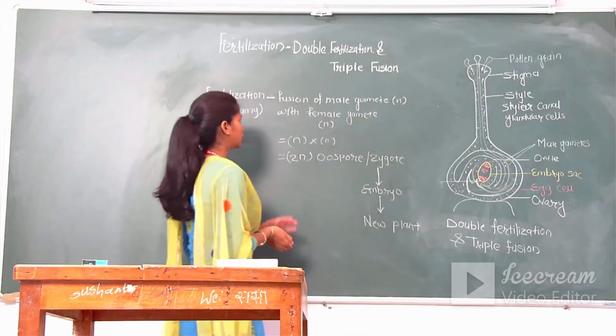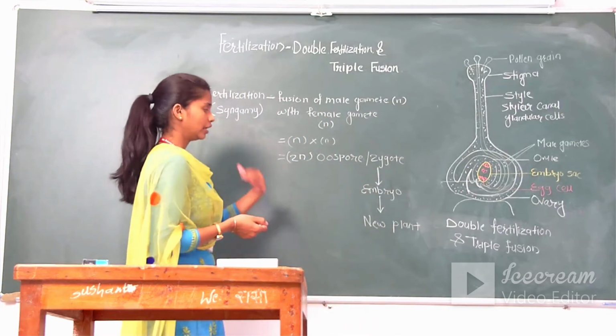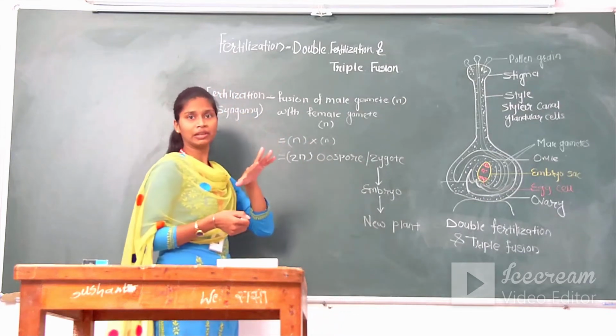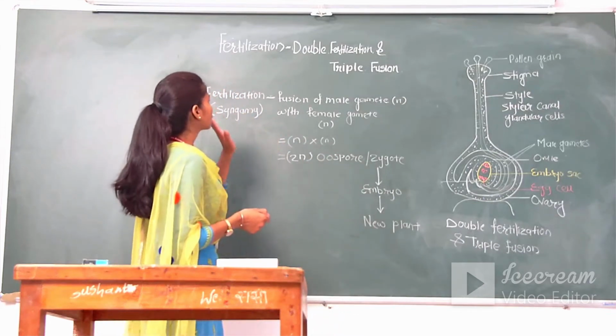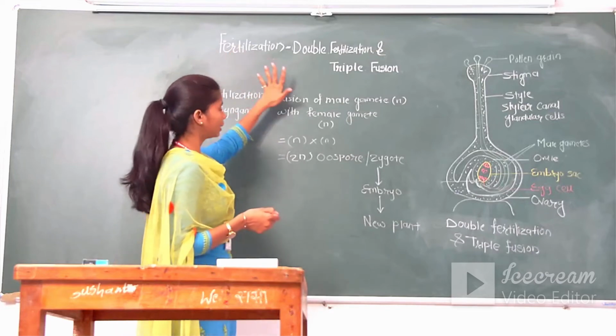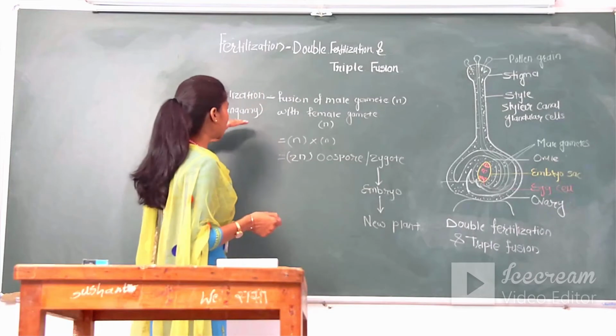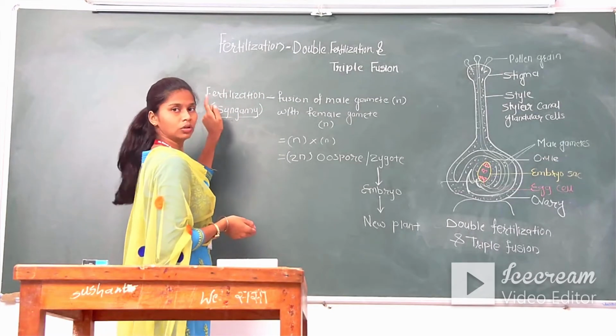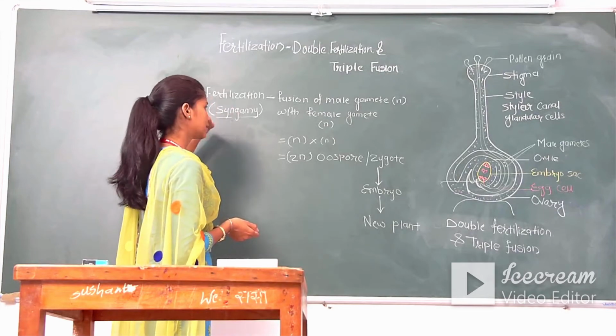So fertilization is required for the development of a new plant, and it is a characteristic of all living things. Now we are looking at double fertilization under the heading fertilization, which is also known as syngamy.